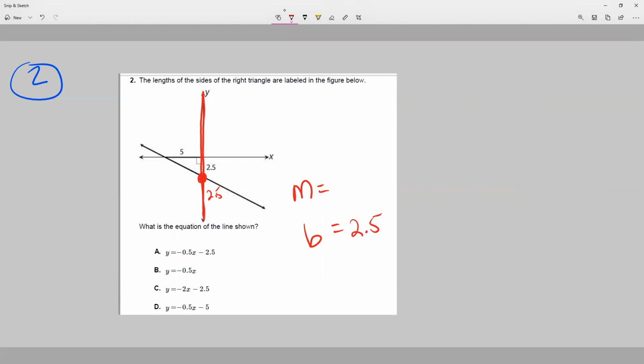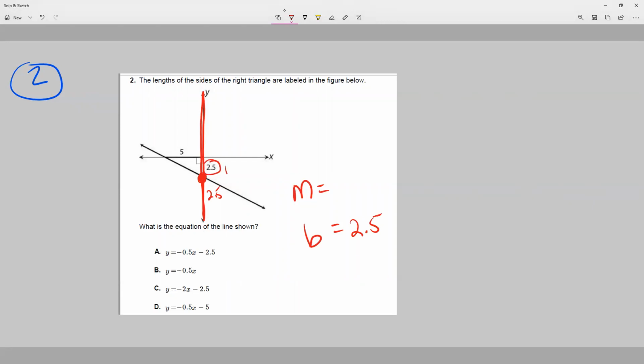And then my slope is how much it's changing by, which you'll notice on this problem, it's being represented as a decimal. But you can just still set it up like a fraction and then view it as a decimal. So let's set this part up the way we did last time.